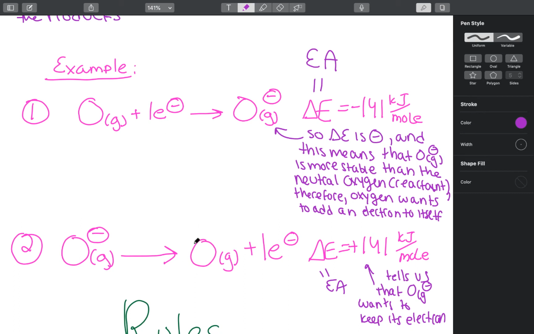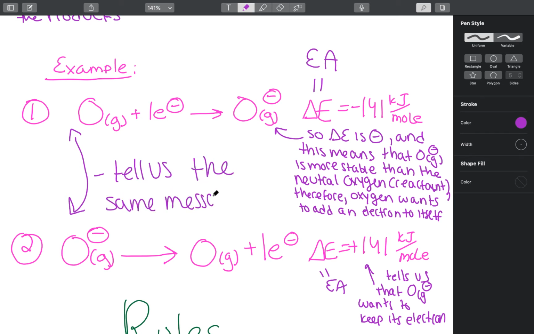So these two ways of expressing electron affinity are telling us the same thing. They tell us the same message. And that message is that oxygen really wants to gain an electron, and it doesn't want to lose it.